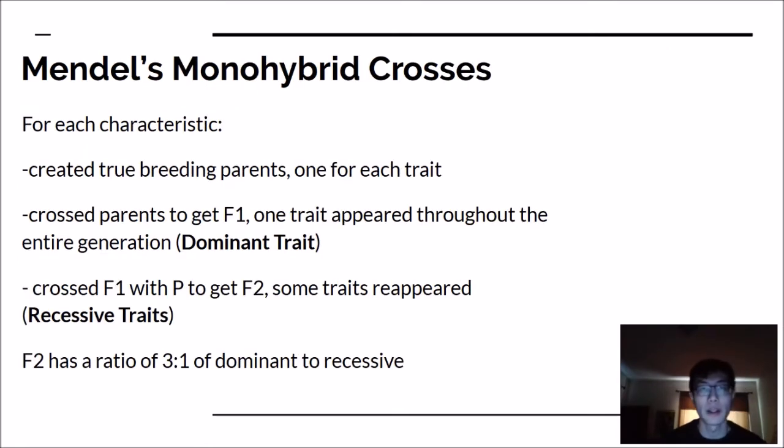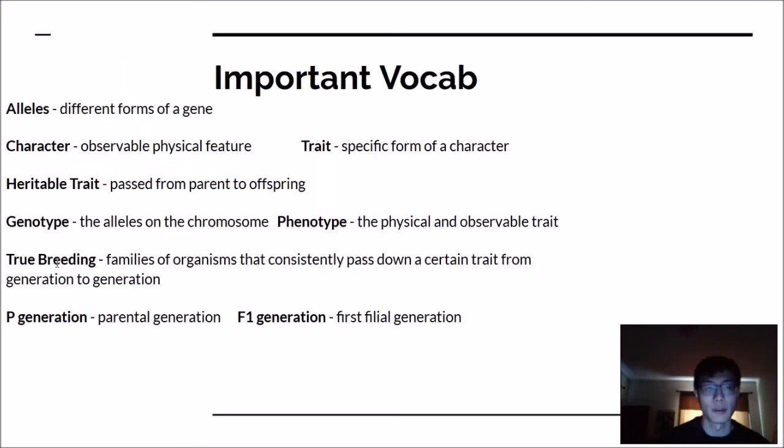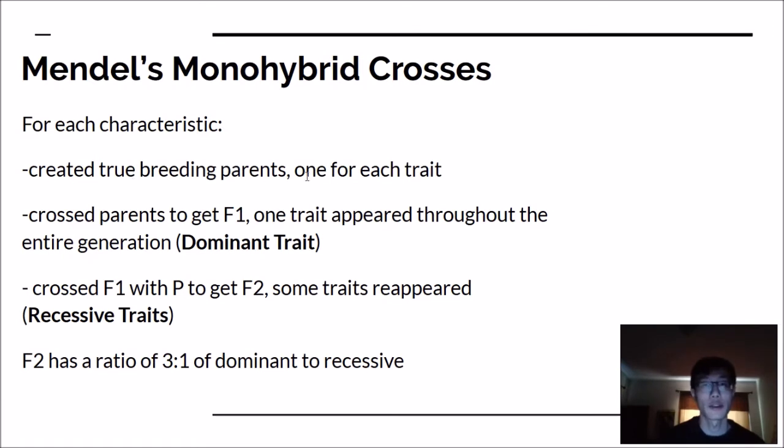Mendel was really well known for the monohybrid cross, which is just a single characteristic that you're looking at. He was able to create true breeding plants for each trait, families of organisms that can consistently pass down a certain trait from one generation to another. He was able to cross those parental true breeding plants to get an F1.